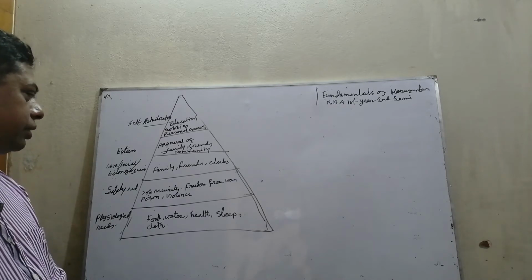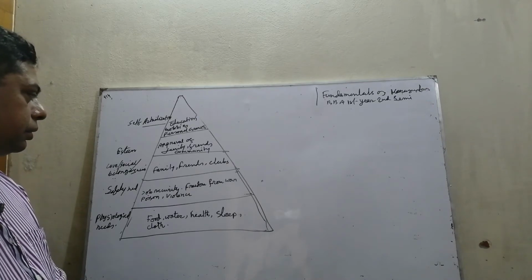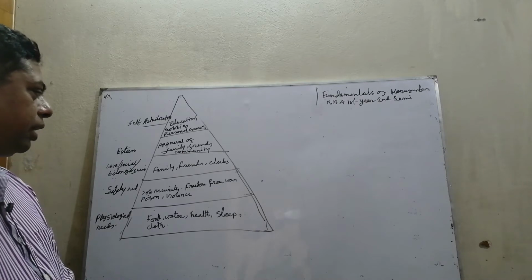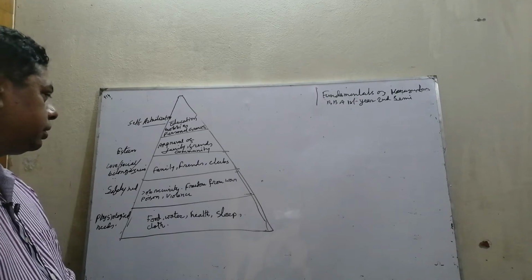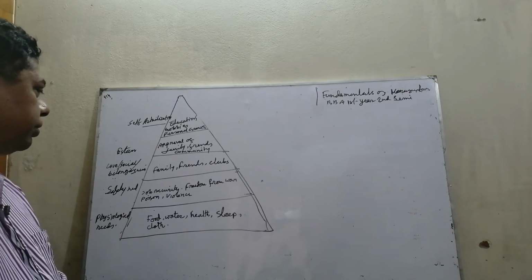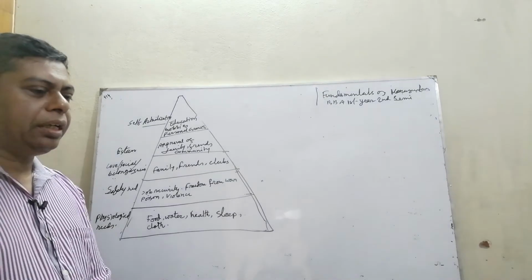And the safety needs: job security, freedom from war, poison, violence. That is the safety needs. Love, social or belongingness needs: family, friends and clubs.